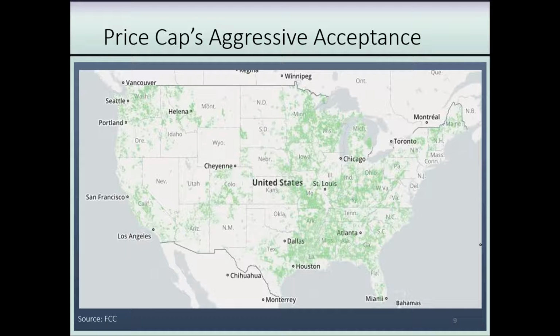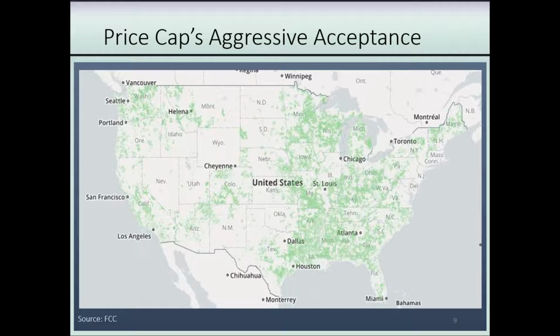This was the area in green where funding was committed by the incumbents, and services were committed at a 10.1 megabit level of service, with less than 100 milliseconds of latency.